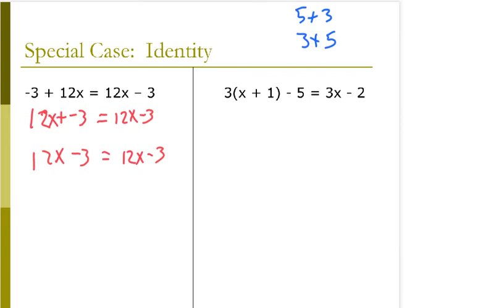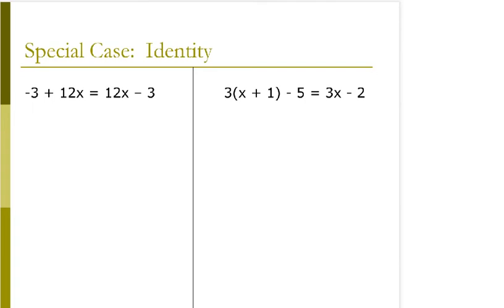If we look on the right, this is also another case of an identity, because if we apply the distributive property, 3 times x, we're going to write 3x. 3 times 1 is 3. So this may be rewritten as 3x plus 3 take away 5 is equal to 3x minus 2.